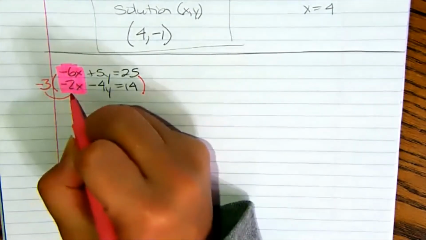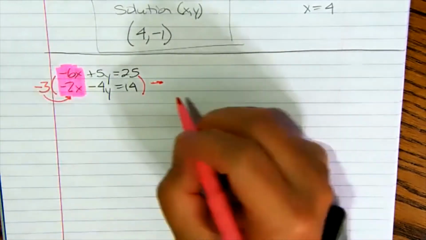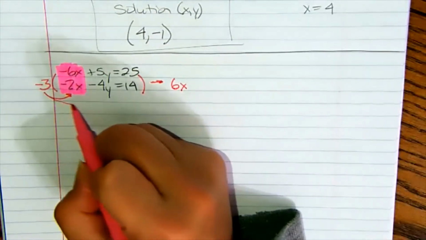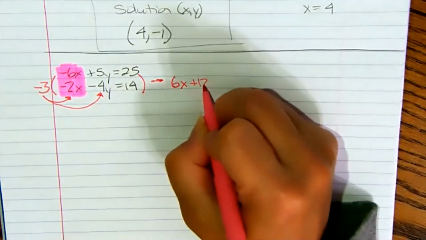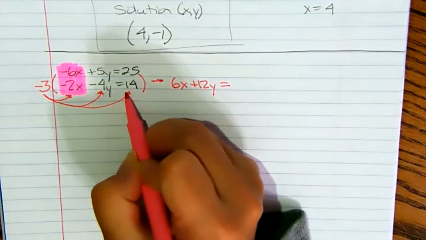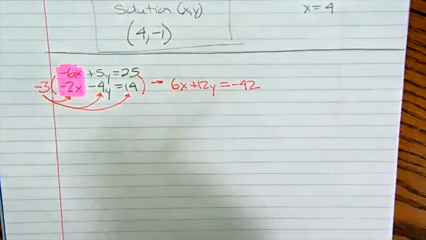Then we can use the distributive property. Negative 3 times negative 2x is positive 6x. Negative 3 times negative 4y is positive 12y. And negative 3 times positive 14 is negative 42.